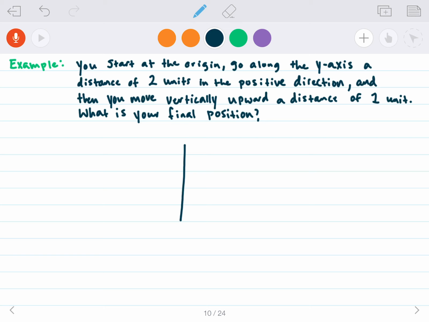So there's my z, and my x is maybe like that, and then my y. Okay, so this is y, x was red, and z was blue.